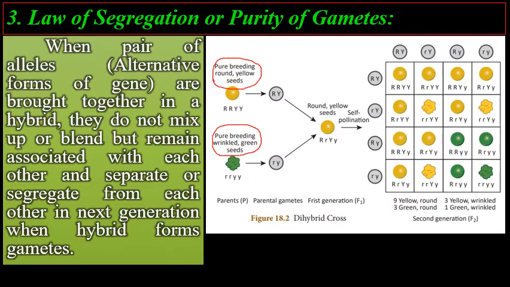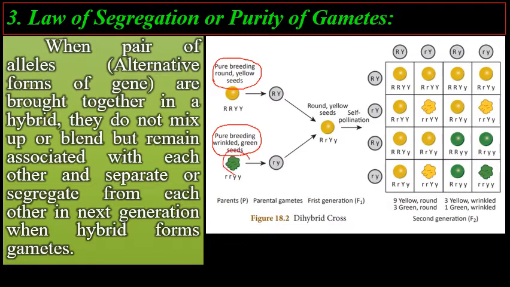Here we can see the pure breeding round yellow seeds having genotype capital R capital R, capital Y capital Y. This is the round yellow seed, and small r small r, small y small y is the wrinkled green seed.